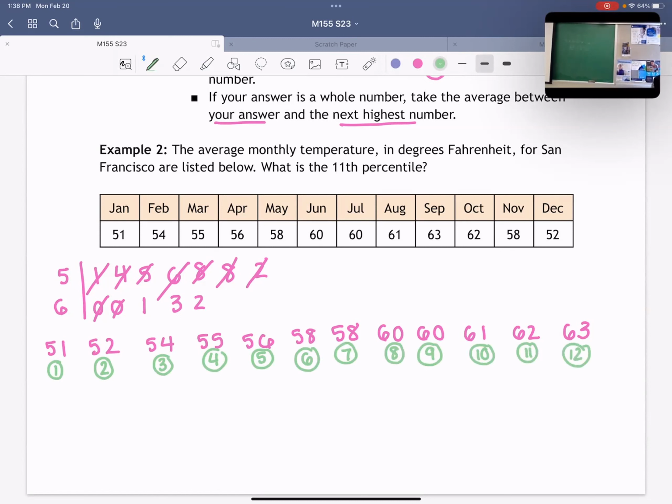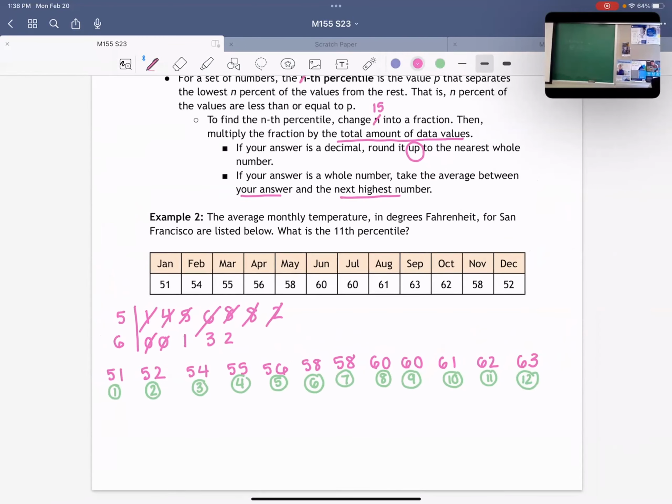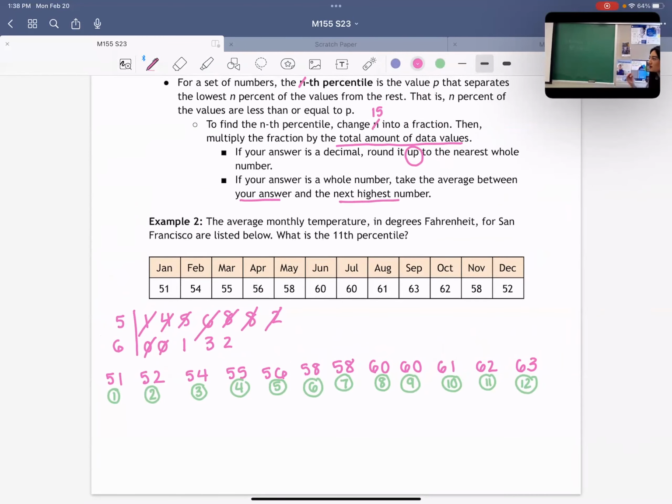Okay. And what this is going to do is it makes it really easy to look at the numbers and be like, what's the 7th lowest number? 58. What's the 11th lowest number? 62, right? So it makes it really easy to go and be like, okay, I know what the second number is, I know what the 9th number is, and so on. Okay. Once we're done doing this, let's follow these directions and see how we can find the 11th percentile, okay?